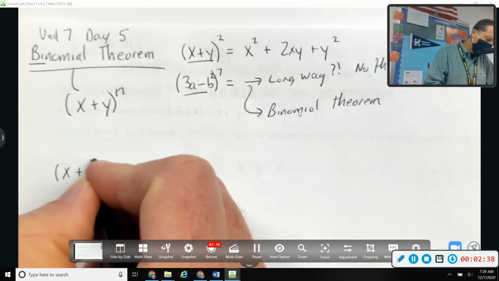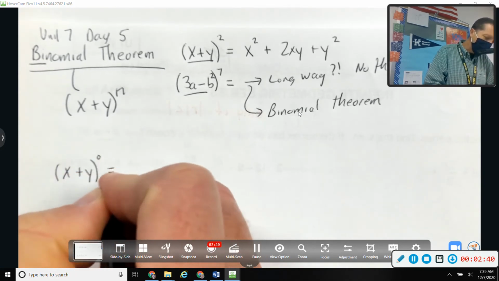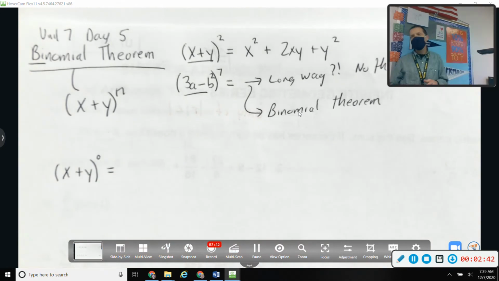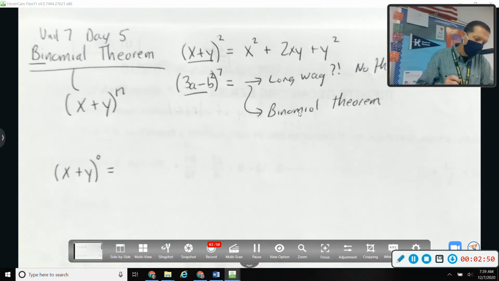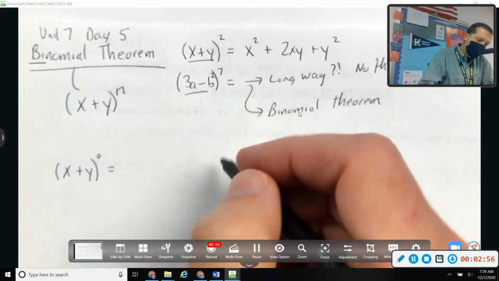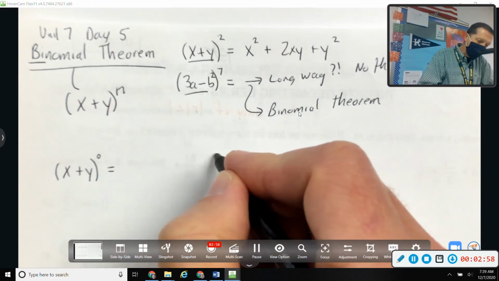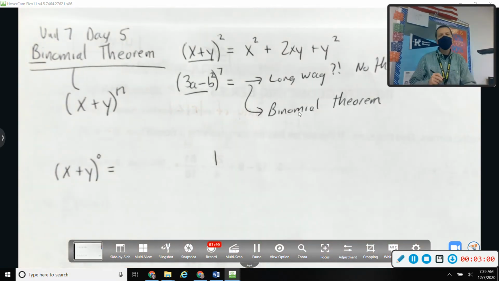Write this neatly in the same way I do because it'll help you see the pattern. Most of you do that anyway, but sometimes people take notes all over the place and then you won't recognize the pattern. So x plus y to the 0, what's that equal to? 1. Okay, and I'm not going to put the 1 right next to it. I'm going to put it over here a little bit, and you'll see why in a minute.